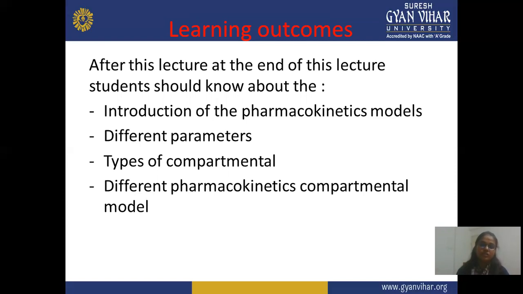In learning outcomes, first is the introduction of the pharmacokinetic model, meaning what the pharmacokinetic models are, including description and introduction of the model, and the different parameters. In parameters, we mainly include pharmacokinetic and dynamic parameters, or different sub parameters, including AUC, MEC, MSC, onset of action, peak concentration that is Cmax and Tmax. We already discussed all these parameters.